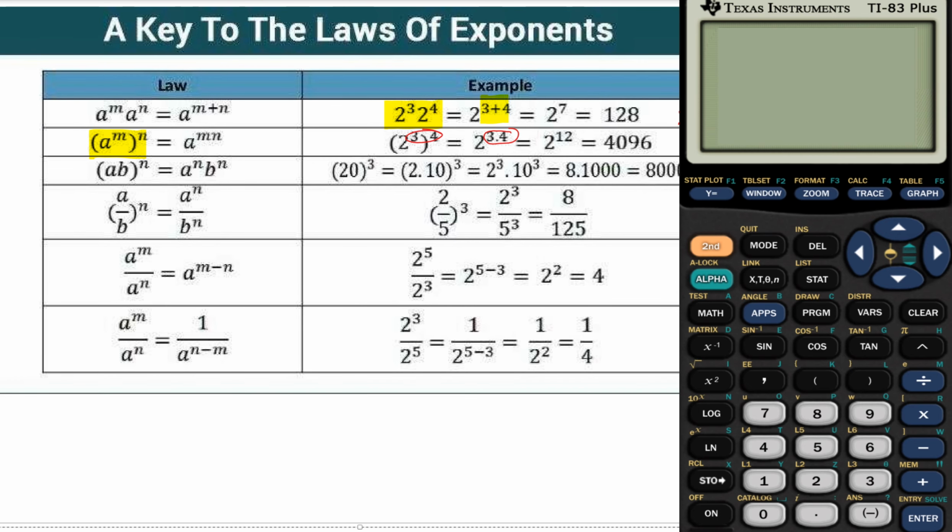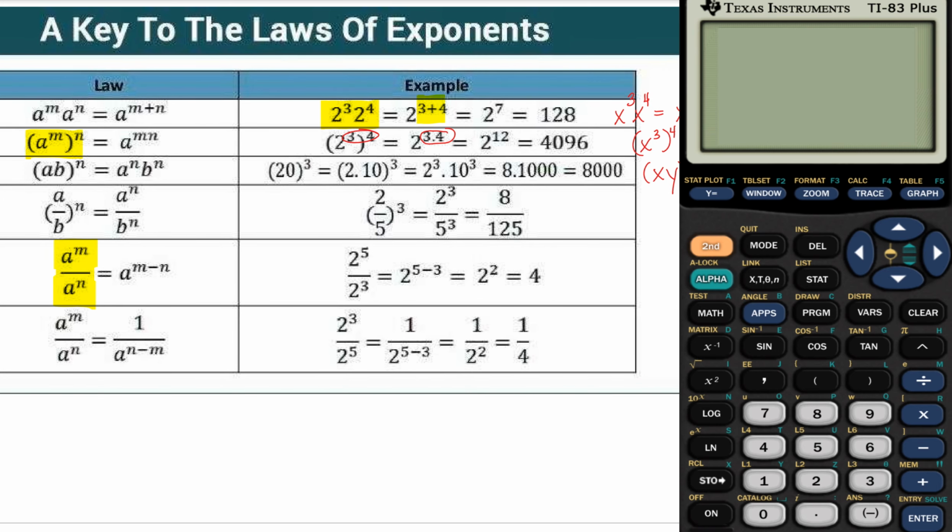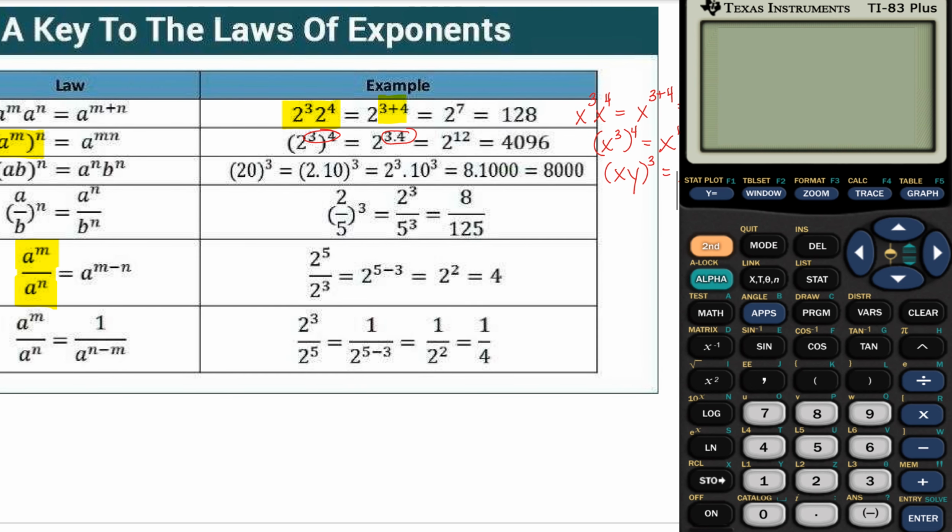Now, anytime I have a fraction where they both have the same base, what ends up happening is I end up subtracting the exponents. Again, you have to have the same base in order to do this. Matter of fact, the best example I can give you is you already work with things kind of like this.